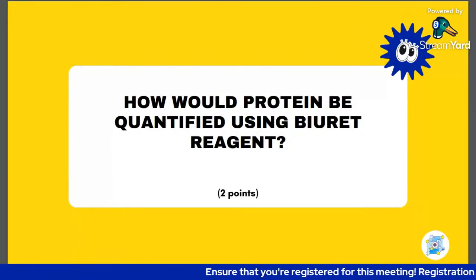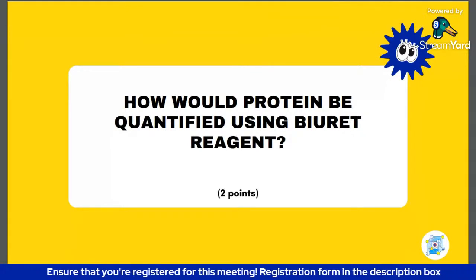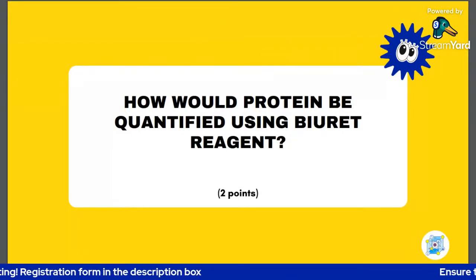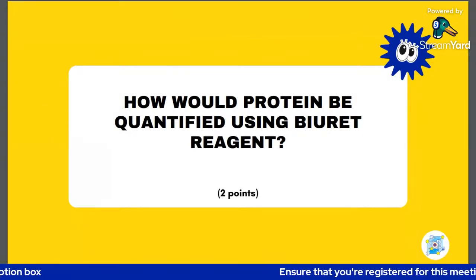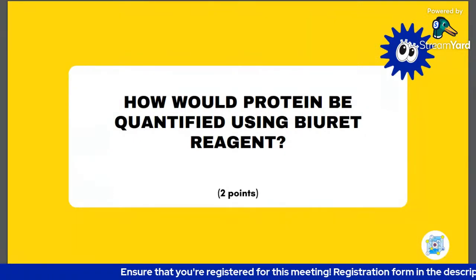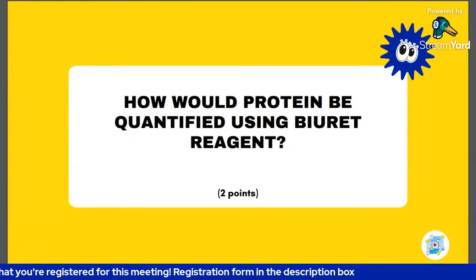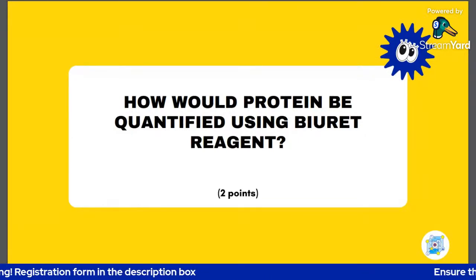Let's see who's thinking and who was paying attention to this slide when I was talking. Mikkel says titration. Stephanie is asking me the answer. That cannot work, Stephanie. Titration.